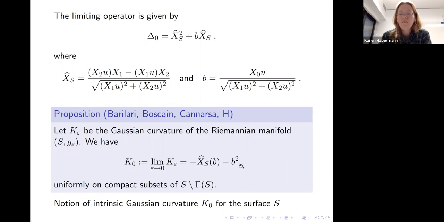So that's, again, very close to what we know from Riemannian geometry. And this is just a side result that this vector field and this function reappear in that setting again. Okay, but now for the rest of the talk, we're going to be concerned with this Delta_0.